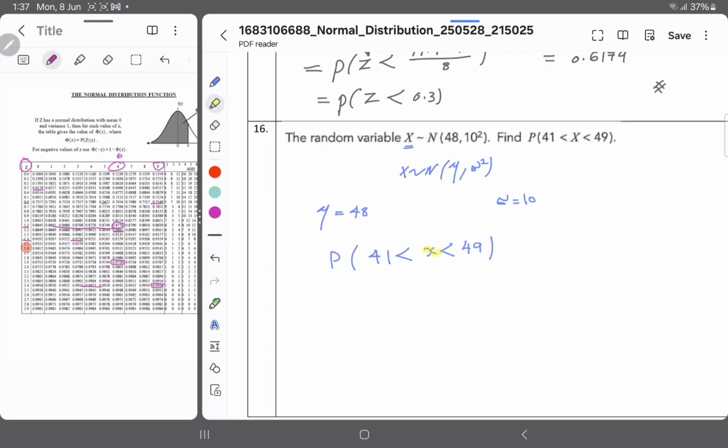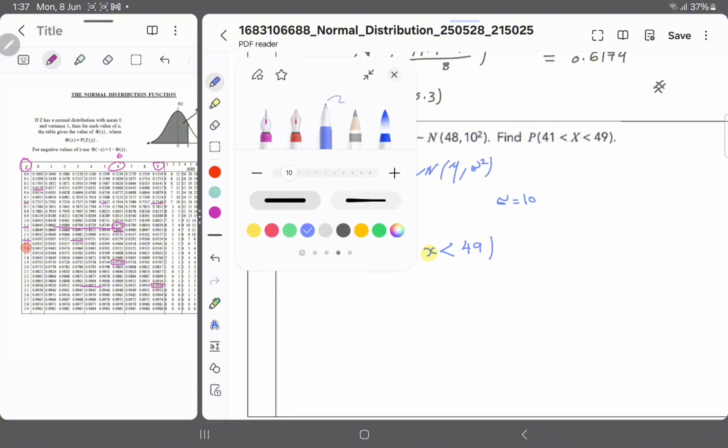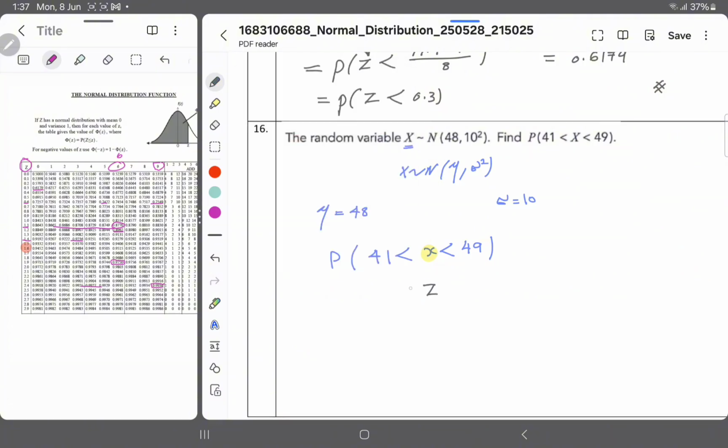So first of all, we look for that x. So x is changed to be z using the rule. The value of x here, it's 41 minus mu 48 divided by sigma, which is 10.